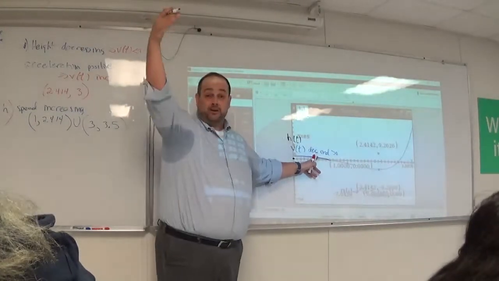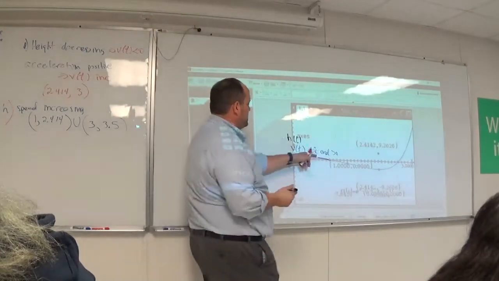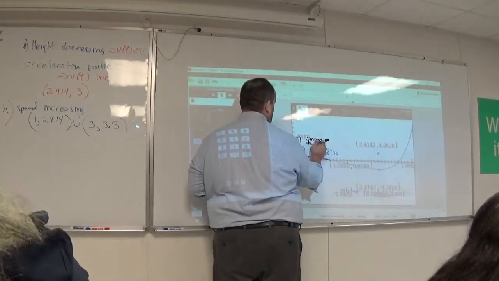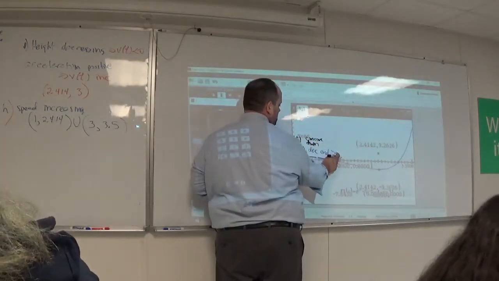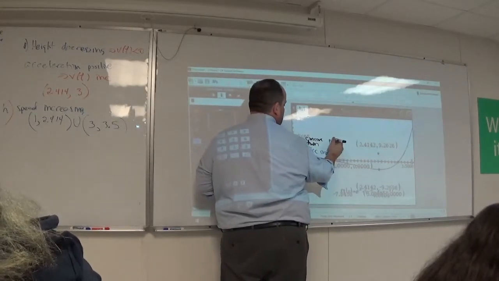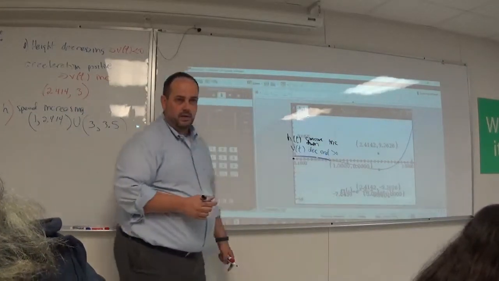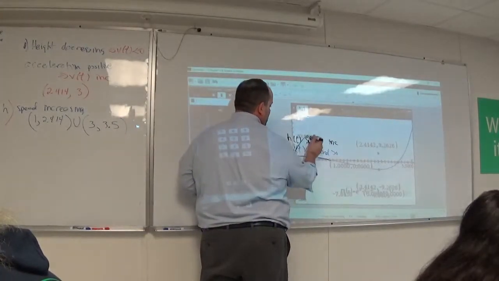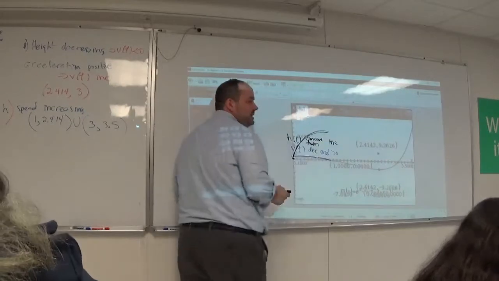It's the antiderivative. Velocity is decreasing, so height has to be concave down. And velocity was positive, so height is increasing. So what I would sketch is concave down and increasing on that little interval.